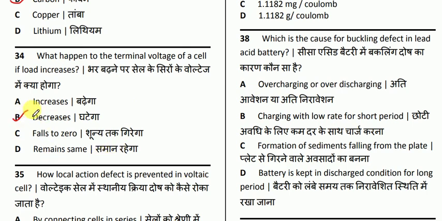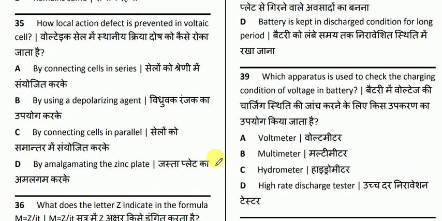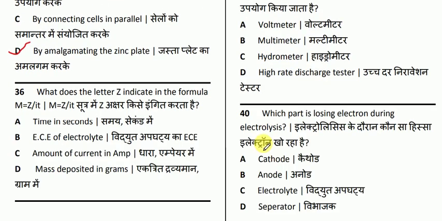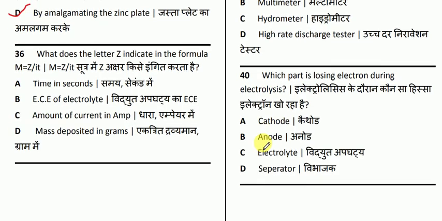That is, it decreases. Coming to the 35th question. How is the local action defect prevented in a voltaic cell? That is by amalgamating the zinc plate.